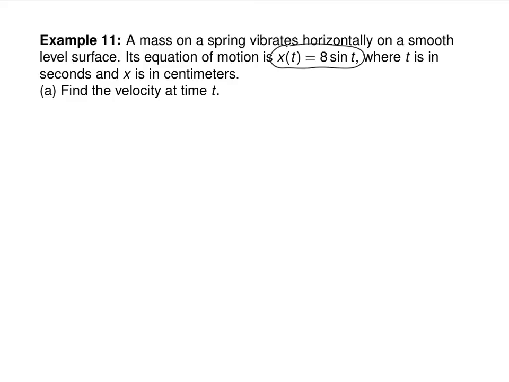Velocity is the derivative, yep. So x prime of t is the velocity, which is 8 cosine t. Yep, just 8 cosine t.